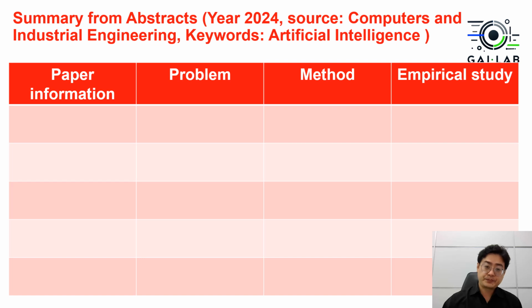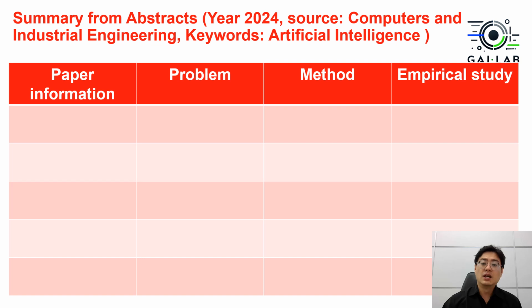And then we need to identify the problem, because some problems are common and some of them are different. We need to find which one is the most important, has the better impact, and you will care about. The second is the methodology. Sometimes we focus on different kinds of methodology, such as data-driven, and also model-driven and optimization methodology.